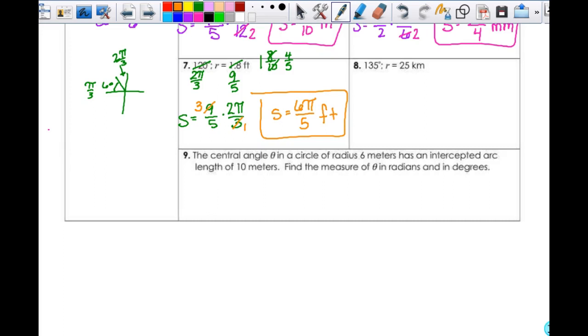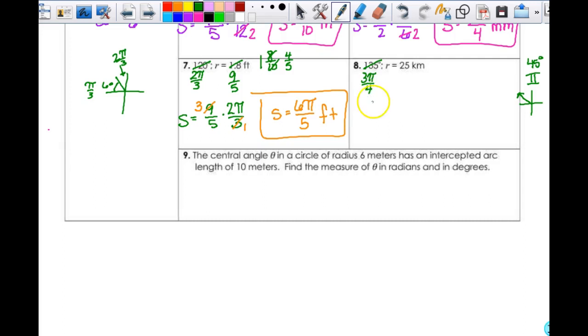All right, 135. What's my reference angle in degrees? 45 degrees. Which quadrant am I in at 135? Second quadrant. So your second quadrant angle in radians for 45 degrees is what? 3 pi over 4, because this is pi fourths, right? 2 pi fourths, 3 pi fourths.